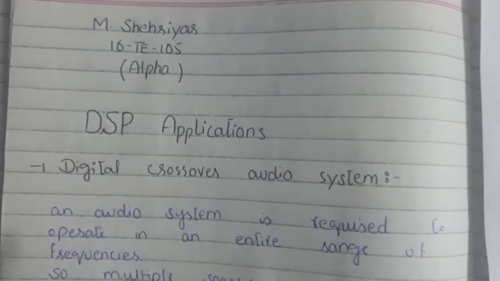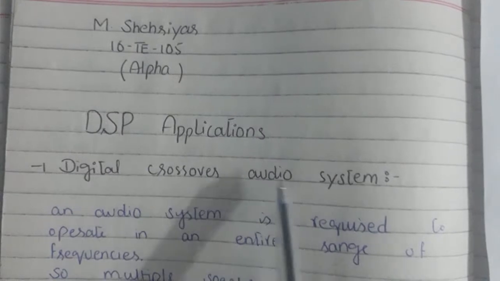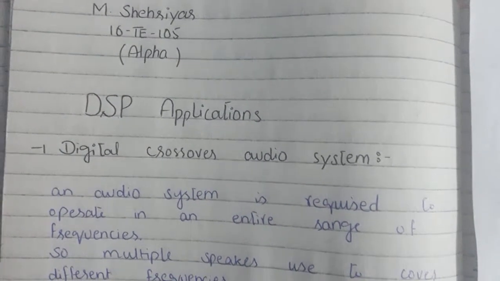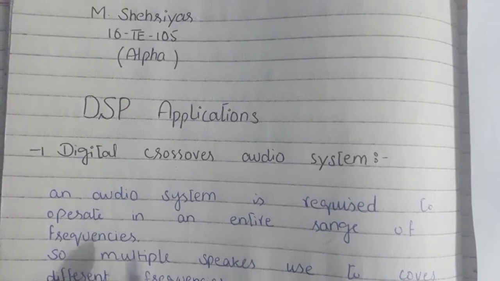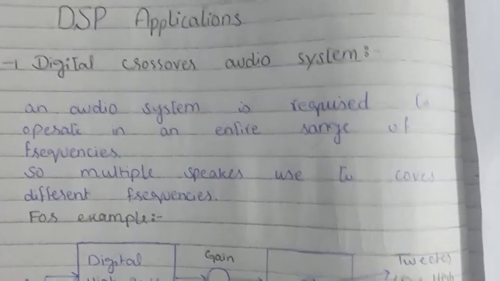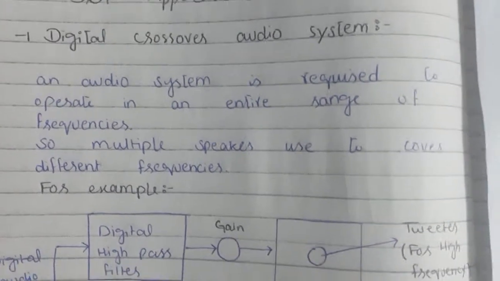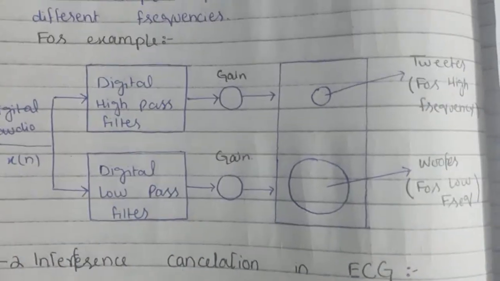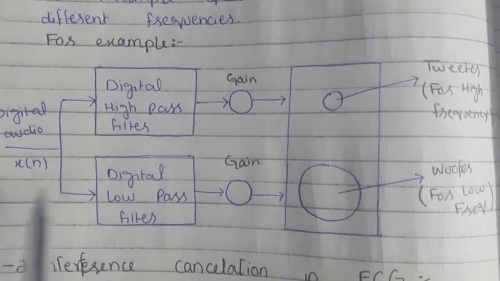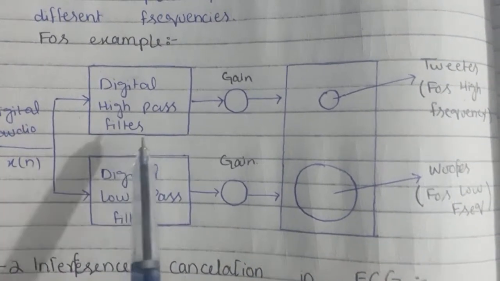The first one is the digital crossover audio system. Basically, an audio system is required to operate over an entire range of frequencies, which means we need multiple speakers to cover different frequencies. As we can see in the flow chart, when a digital signal comes in, it is divided into two parts.